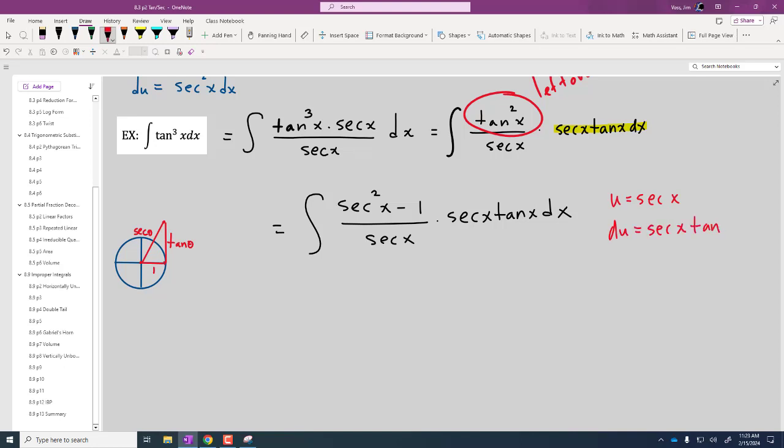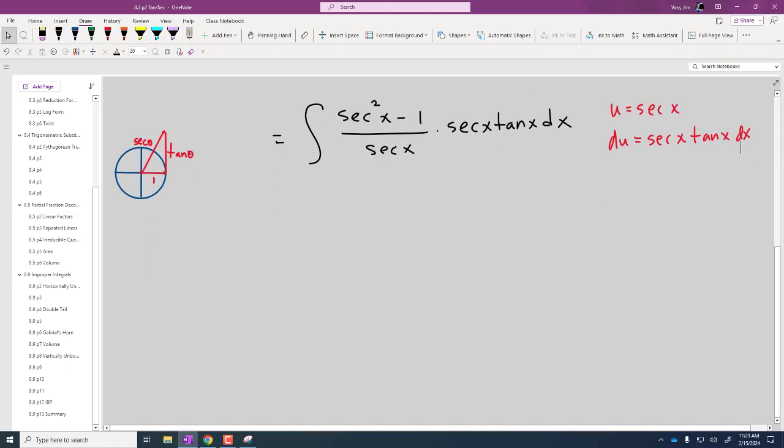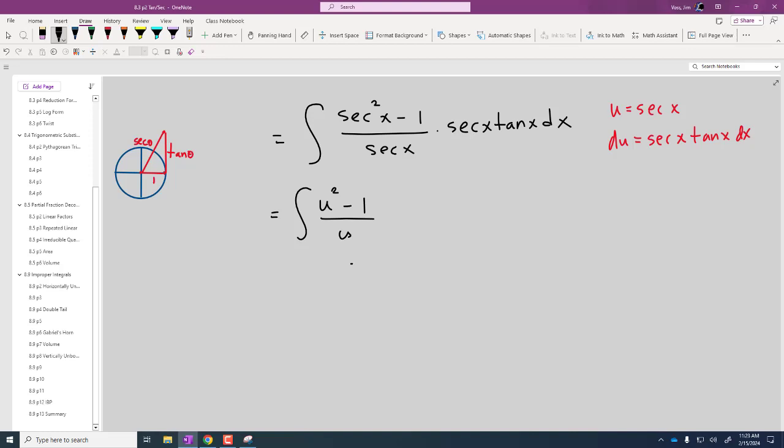You could do this algebraic fraction splitting now if you want. It's always easier to turn it into u's before you do any of that stuff though. Then you're not rewriting a bunch of trig functions. All right, so let's do our substitution. So we're going to have u squared less 1 over u. And then, what is that?